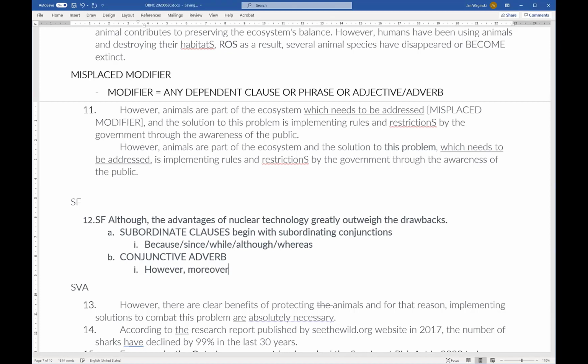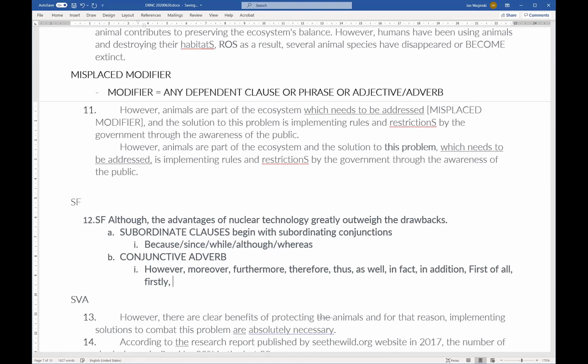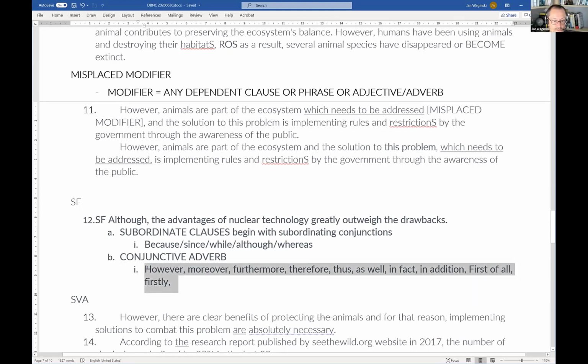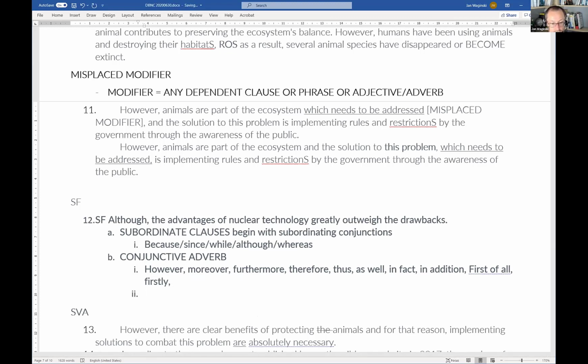However, moreover, furthermore, therefore, thus, in fact, as well, in addition. If you use any of these conjunctive adverbs at the beginning of a sentence, it's always going to be the conjunctive adverb plus a comma.